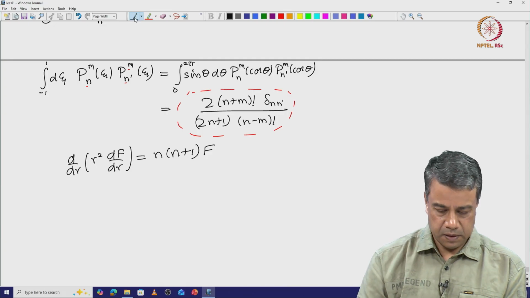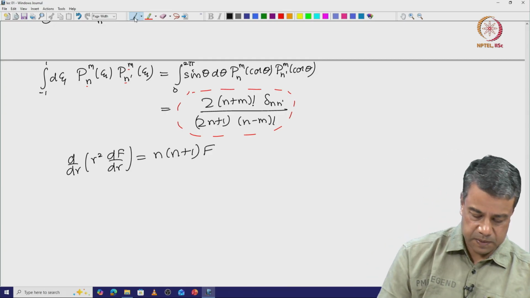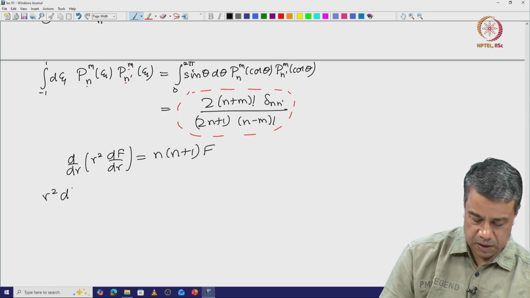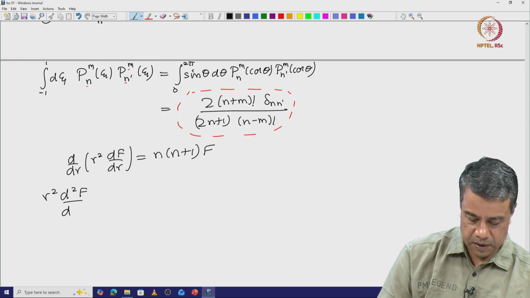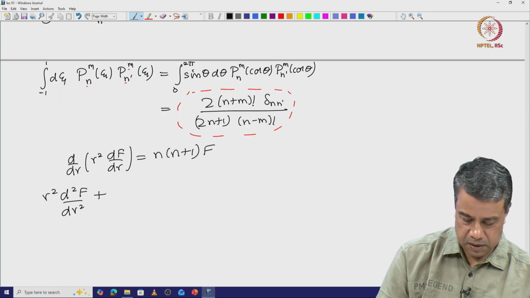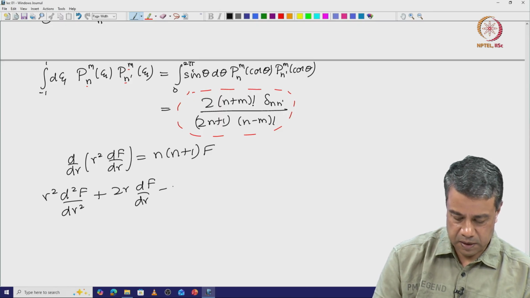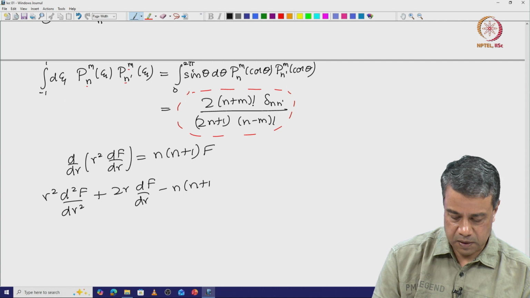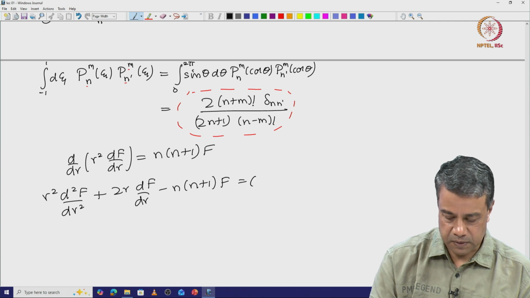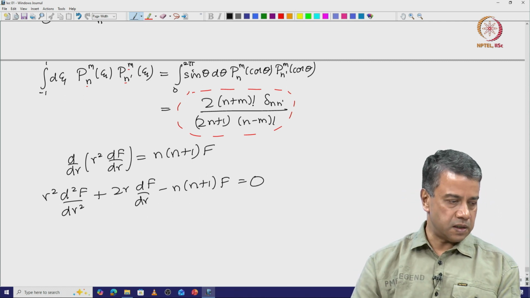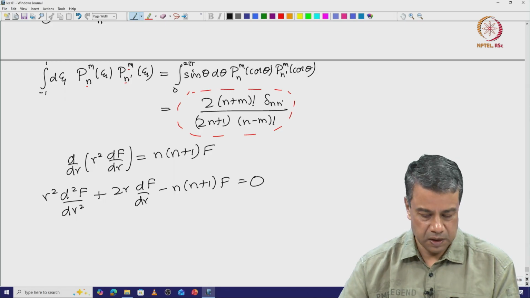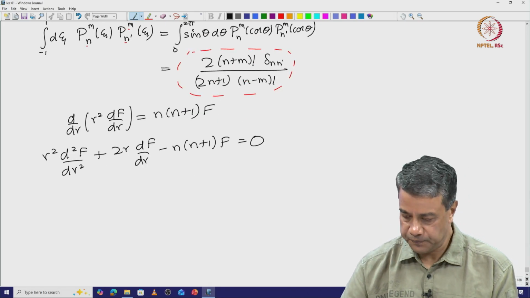This becomes r square d square f by dr square plus 2r df by dr minus n into n plus 1 f equal to 0. So, this is the solution in the radial direction.